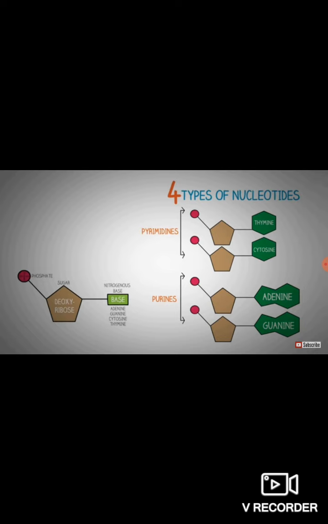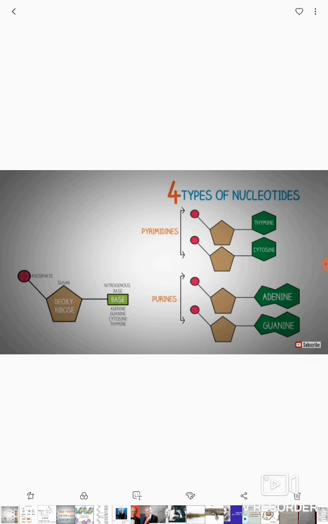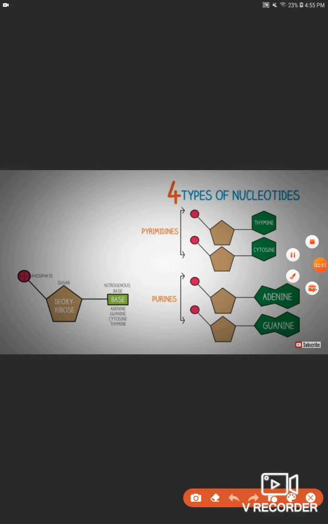A phosphate, a ribose and a nitrogen base. So depending on the types of nitrogen base, we have 2 kinds, purine and pyrimidine nucleotides: thymine nucleotide, cytosine nucleotide, adenine nucleotide and guanine nucleotide.